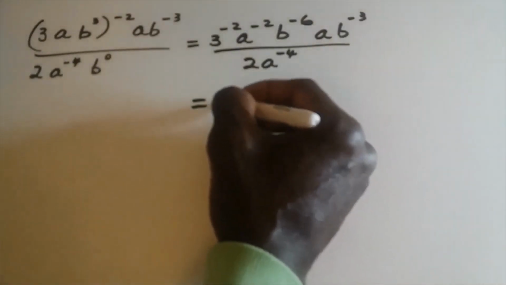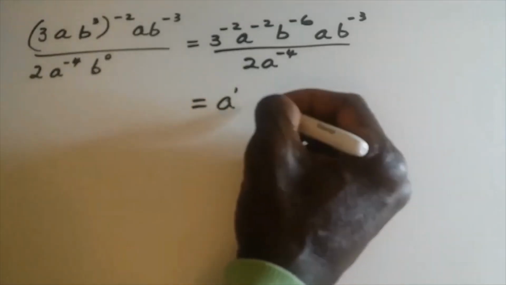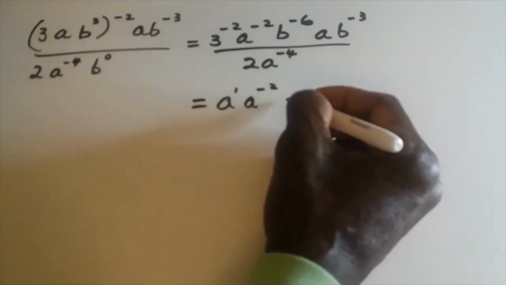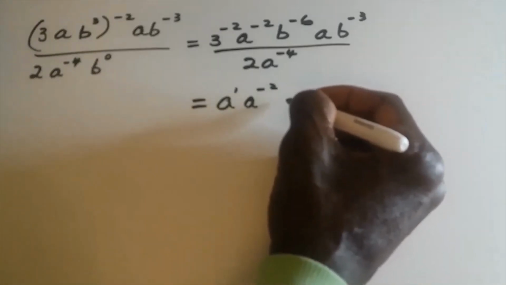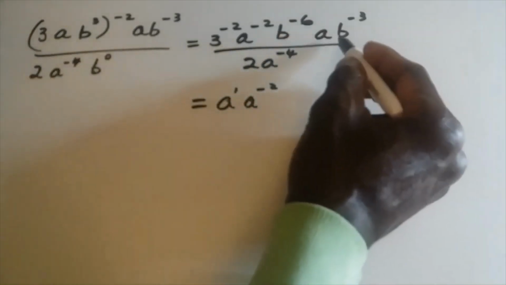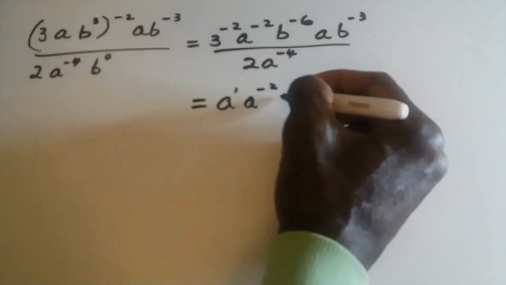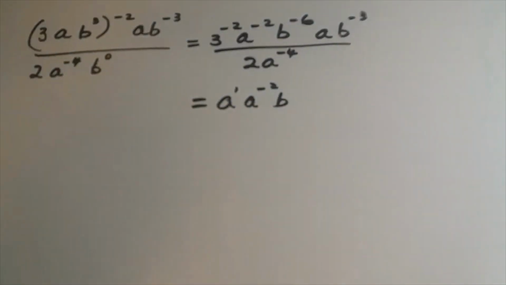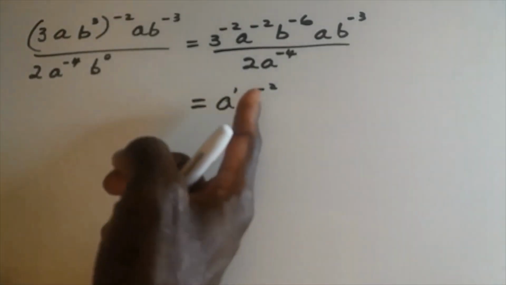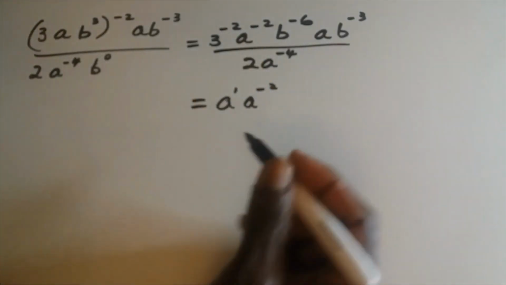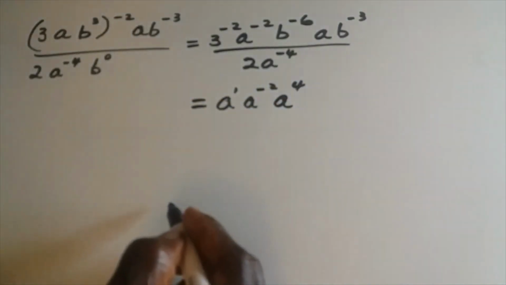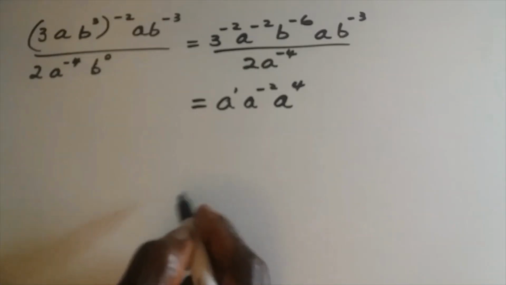So we have a to the 1, which is a, with a to the minus 2. We'll just move the a to the minus 4 to the numerator, and that becomes a to the 4th power. So we can group all the a's in this step.